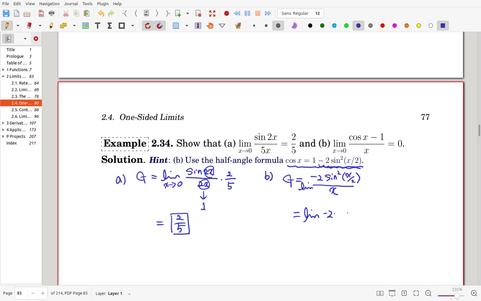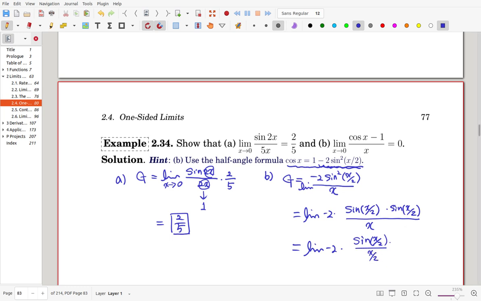And then here we'll try to get sine x over 2 and another sine x over 2, and we have x at the bottom. Okay, we'll rewrite here limit and minus 2, and the top one is sine x over 2, and here divide by the same thing, x over 2.